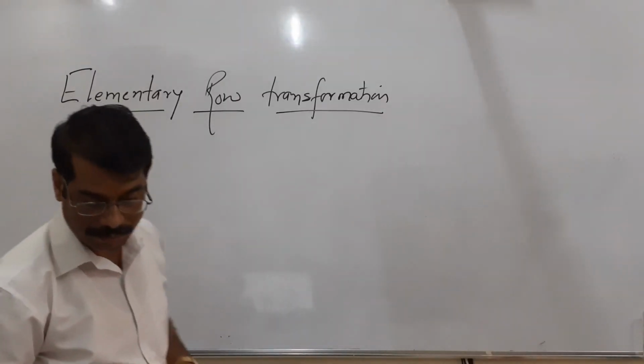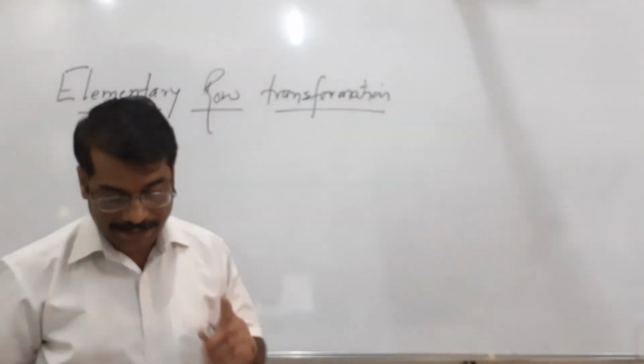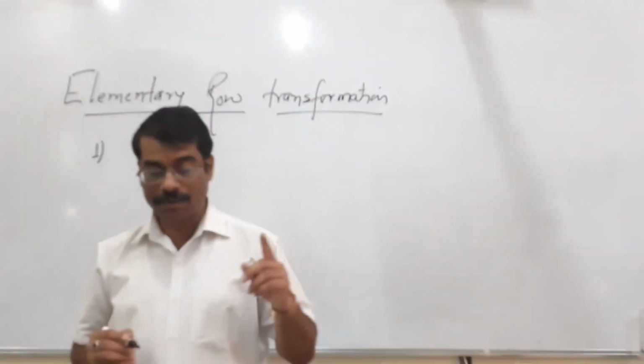The first operation is like this: the interchange of any two rows or two columns.